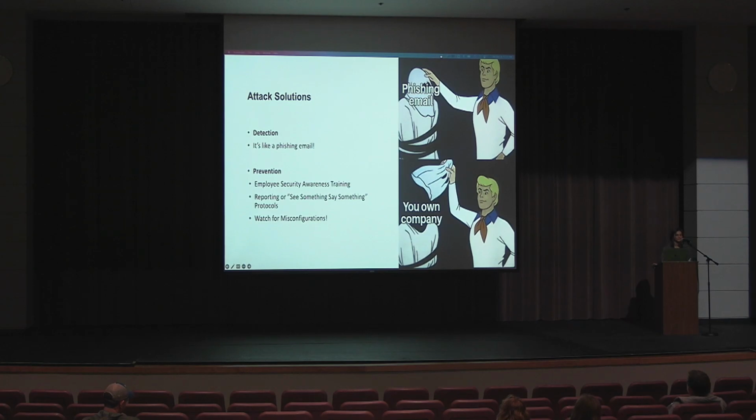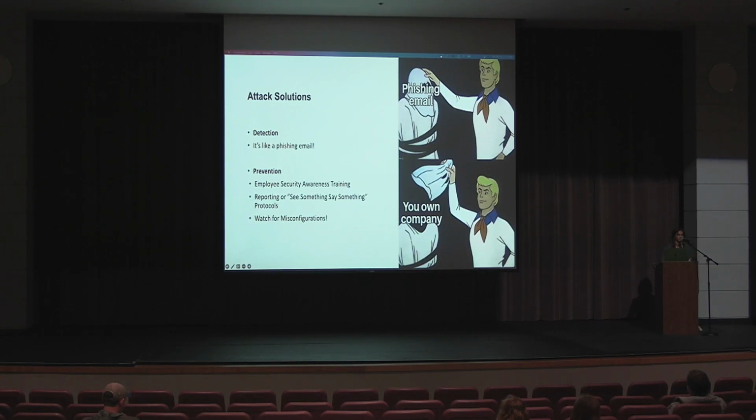And then for prevention, just having employee security awareness training, teaching your employees that phishing happens outside of the email. A lot of employee security awareness trainings very much drill, phishing happens in an email, but it can happen elsewhere too. It can happen in Teams.